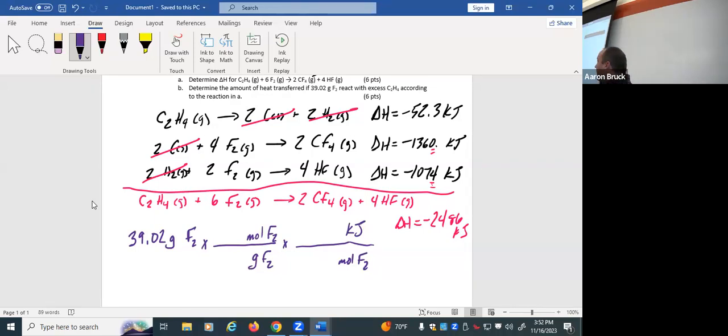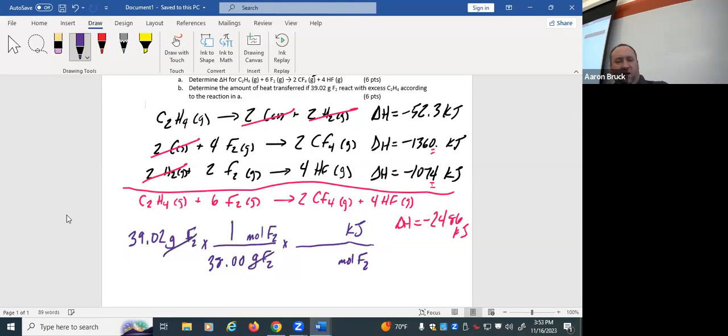So where do I get the information for the first conversion? Yeah, I need the periodic table. Periodic table tells me that the molar mass of fluorine is 19.00. 19 times 2 is 38.00 grams of fluorine in every mole.